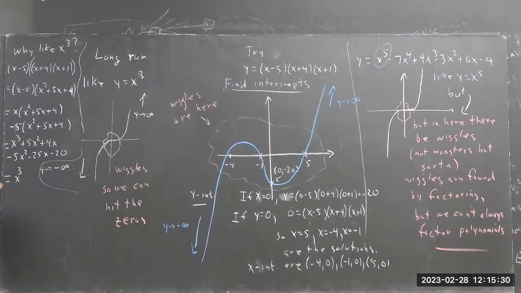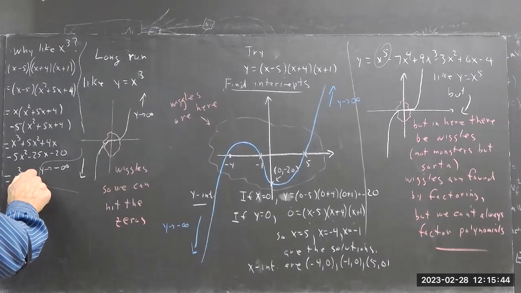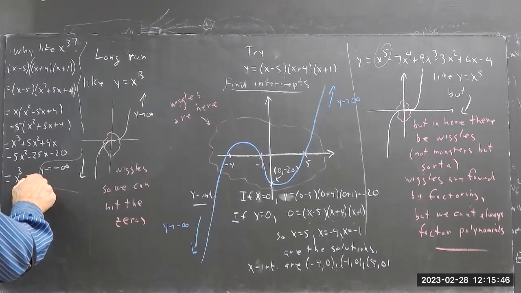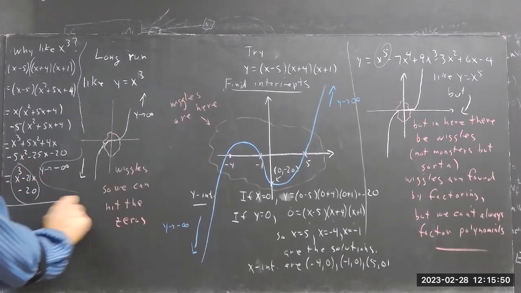Now I happen to have 5x squared and minus 5x squared, so just coincidentally, my x squareds add up to 0. And then I have 4x and negative 25x. That's minus 21x, minus 20.